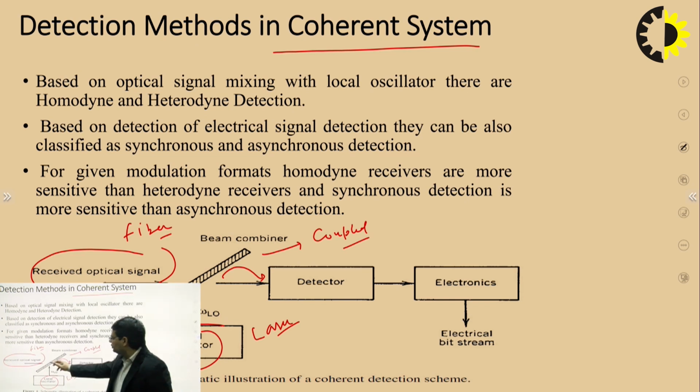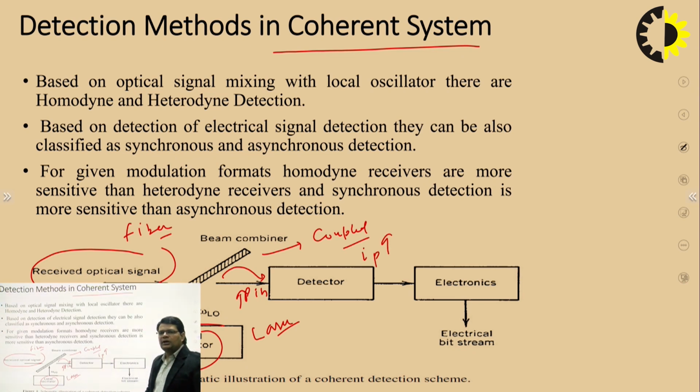Due to the combination of the two signals, the incident optical power increases, so the corresponding photocurrent achieved is also more. So it has the capability of detecting the weakest signal better as compared to the direct detection scheme. Then we have the electronic processing part.